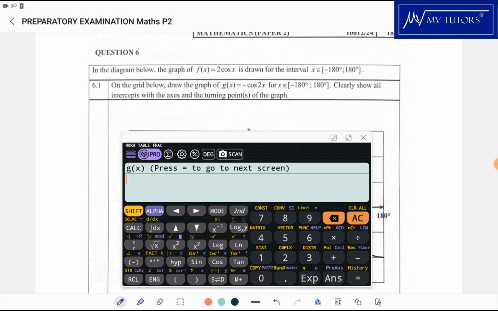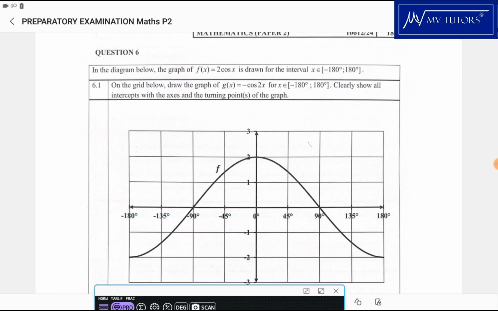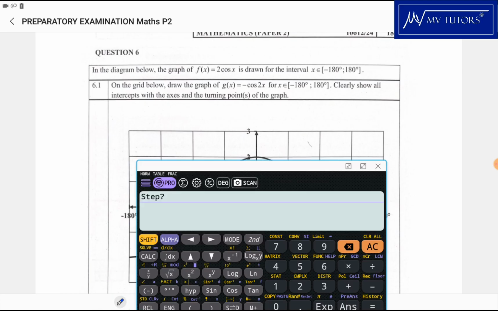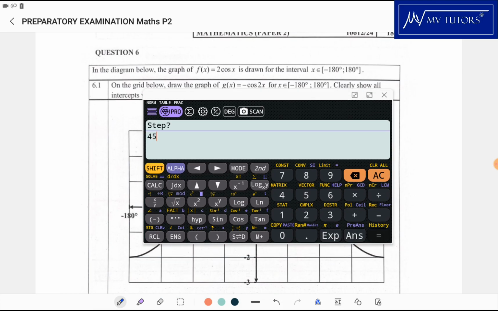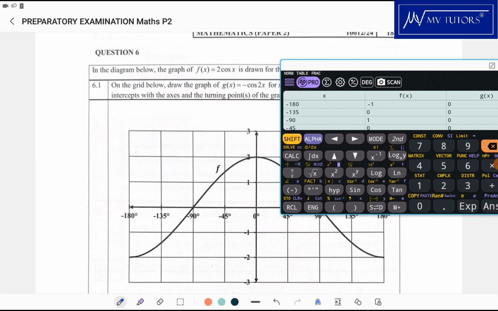Starting at negative 180, ending at positive 180 in intervals of 45 degrees. At negative 180 we have negative 1. At negative 135 we have 0.